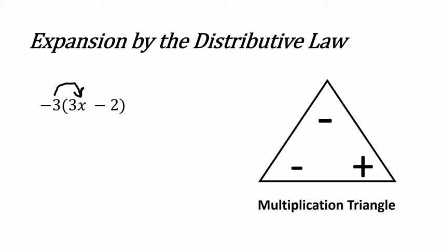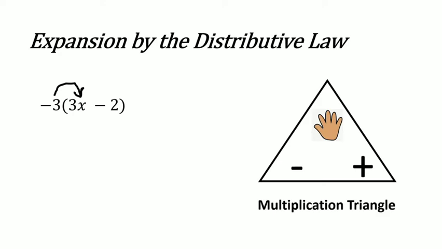So we are multiplying a negative times a positive. So we look at our multiplication triangle and place our hand over the operation that reveals a minus times a plus, like this. So the product of a minus times a plus would be equal to the sign that is hidden below our hand, which happens to be negative.